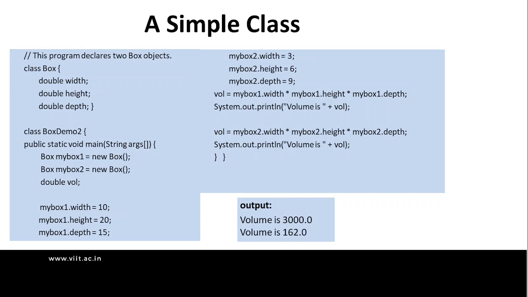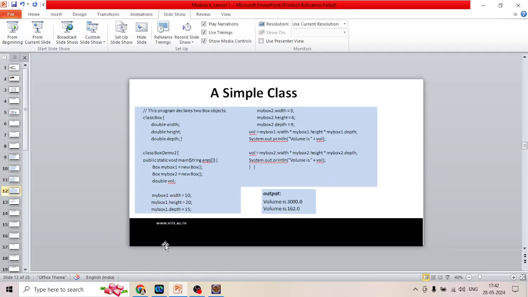This is a simple class with class name Box. Its attributes are width, height and depth or length. Say class Demo2 can be public static void main. First we create one instance and then a second instance. The first instance has its variables with different values, the second instance has some different values, and let us check the calculation. Of course it will give different answers.